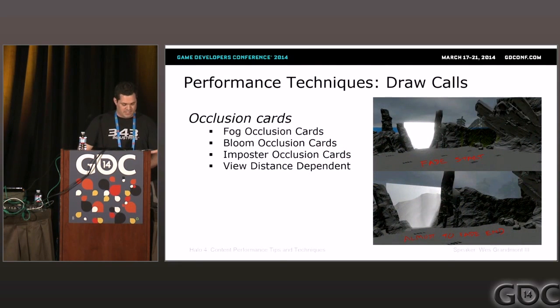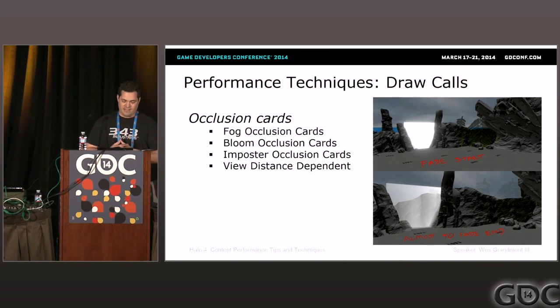Okay, so sometimes you want to cull things and they're right in front of your face and there's nothing you can do. But that's not true, there's something you can do, which is occlusion cards. This is a technique I first started using on Connected Ventures. Basically, if you've modeled the heck out of an area and you've got a ton of geo, but you need to get things back into scope, this is one way to approach that, one of many.